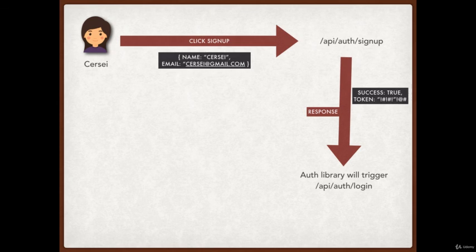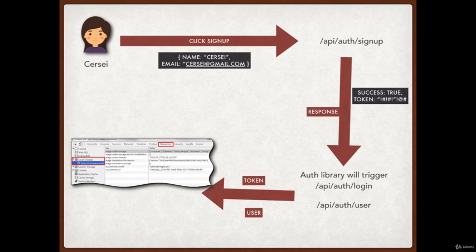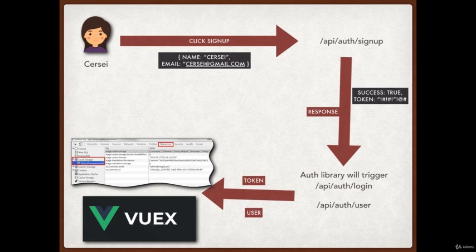And then we want to trigger the library, and the library will trigger the login endpoint as well as another endpoint which is API of user. And then it will store the token and the user's object in the local storage as well as Vuex. This is how it works in general by using the Auth library.